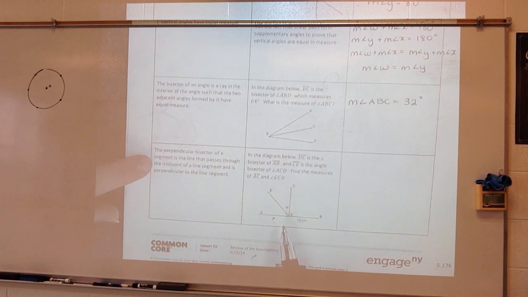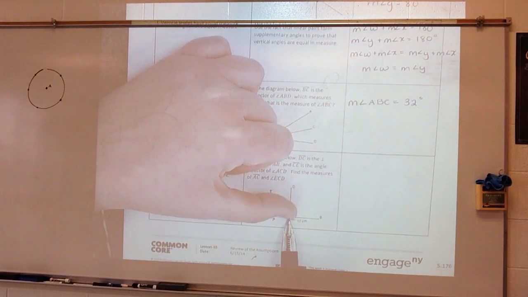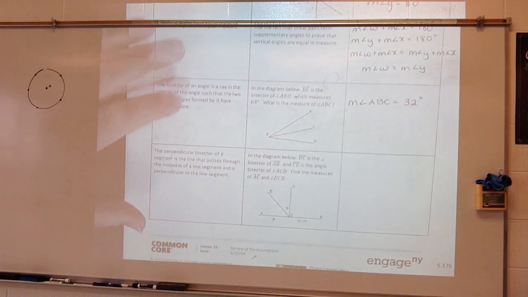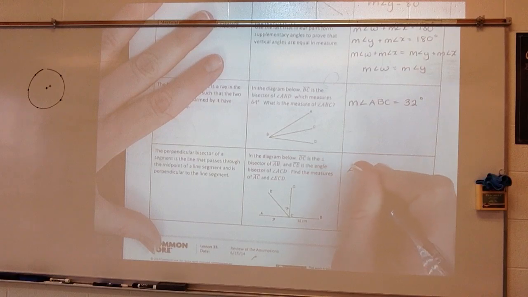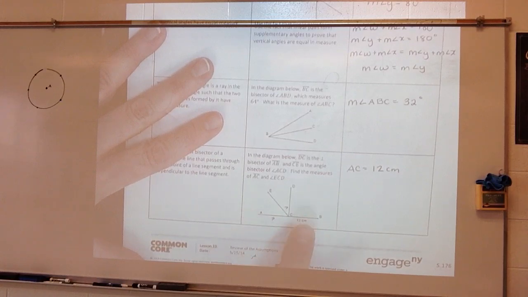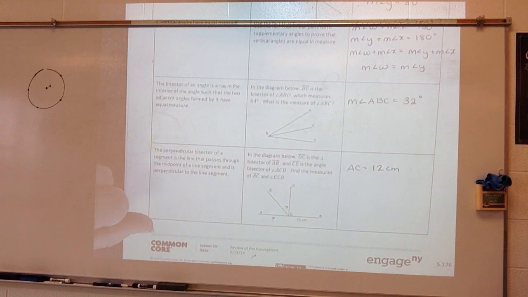First of all, a perpendicular bisector passes through the midpoint. So if this is the midpoint of my segment, then I know that segment AC would equal 12 centimeters, because this would be divided into two equal parts. If this part is 12, this one would also be 12.